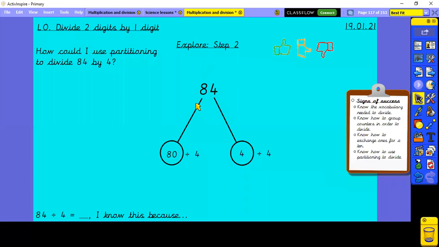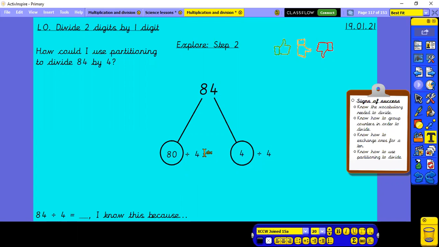Okay, so firstly, you should have partitioned the number 84 into 80 and 4. And now we need to divide each of these numbers by 4 to try and get our answer. So firstly, 80 divided by 4 equals 20. And 4 divided by 4 equals 1.